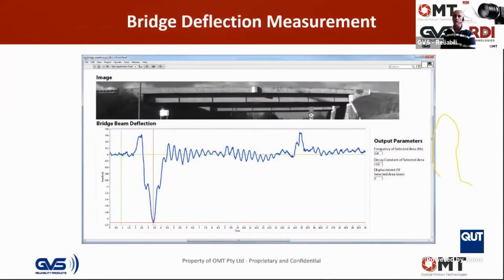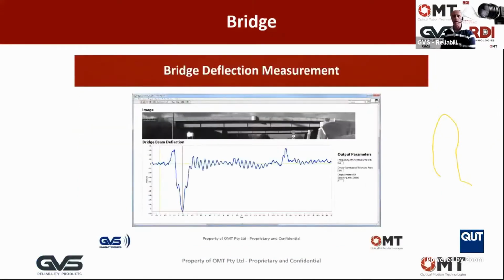And what we'll see here in a moment too is that we have the ability to draw anywhere on that image what's called a region of interest, where the software has the capability to extract an amplitude and a frequency for that matter, to determine how much deflection we've got and what sort of frequency you're looking at as far as that deflection is concerned.